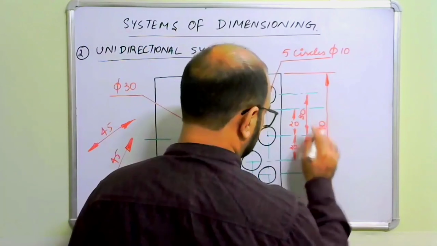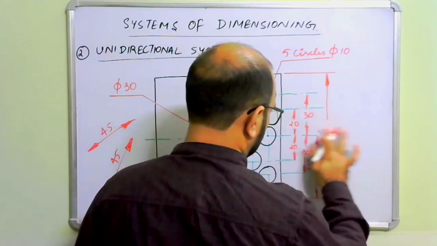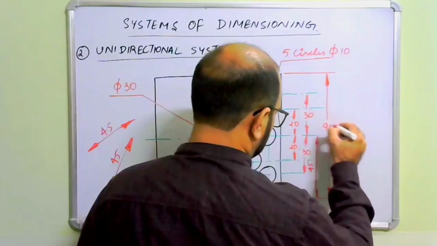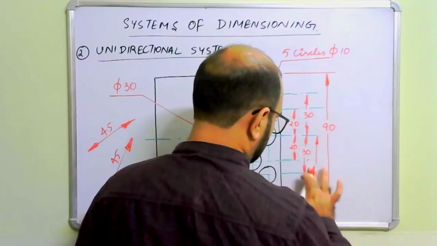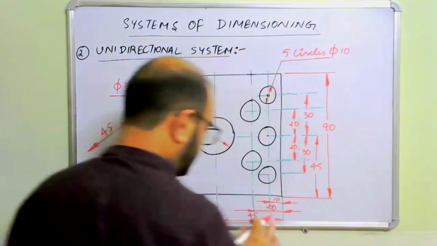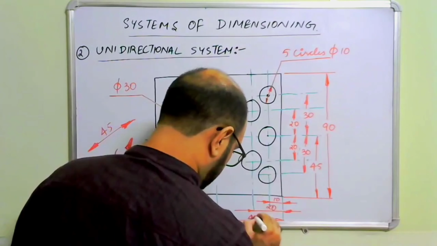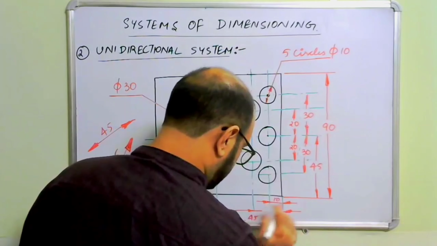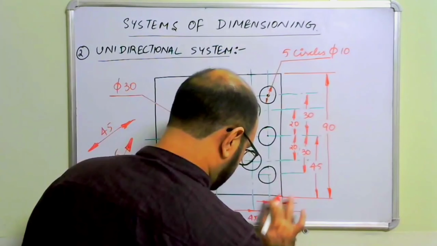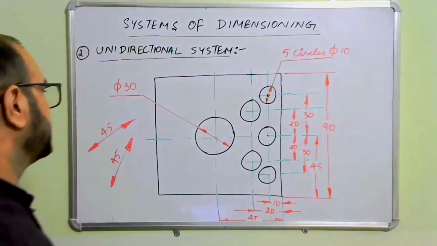This is 30. This is also 30. This is 90. Again, this is 45. Now these all have been written in a single direction and between the lines. It is not written above the line, it is written between the dimension lines, and in a single direction.